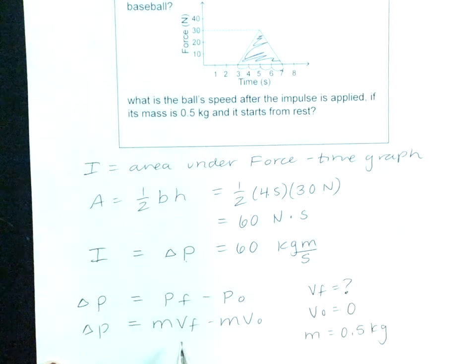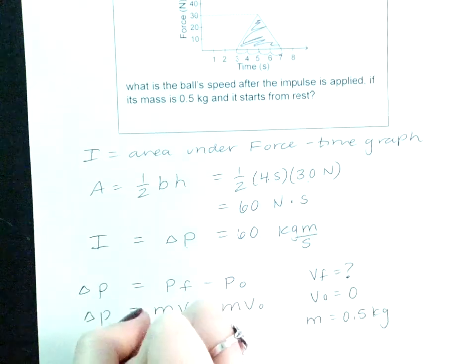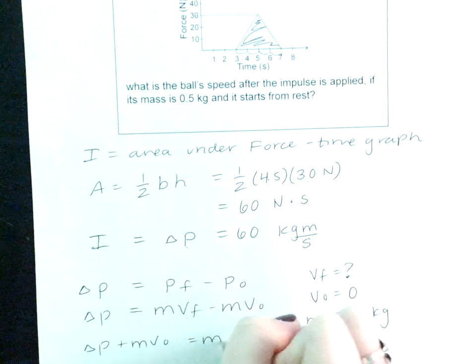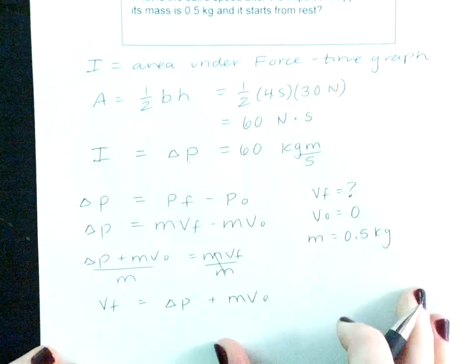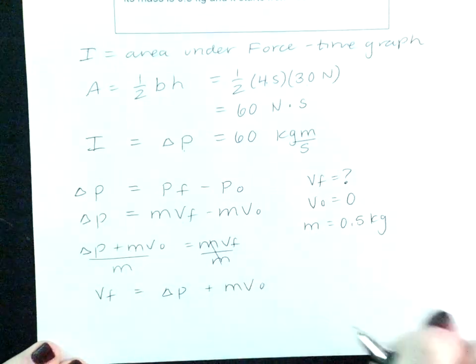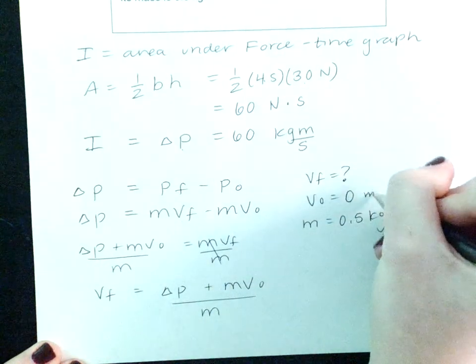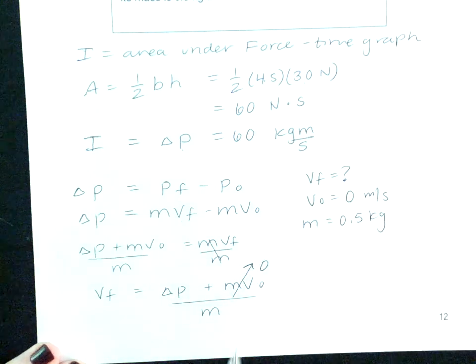So let's solve for V final. So add mv initial on both sides. Divide through by m. You get V final equals delta P plus mv initial over m. And since we know the V initial is 0 meters per second, since it's starting from rest, that cancels out this factor right here.